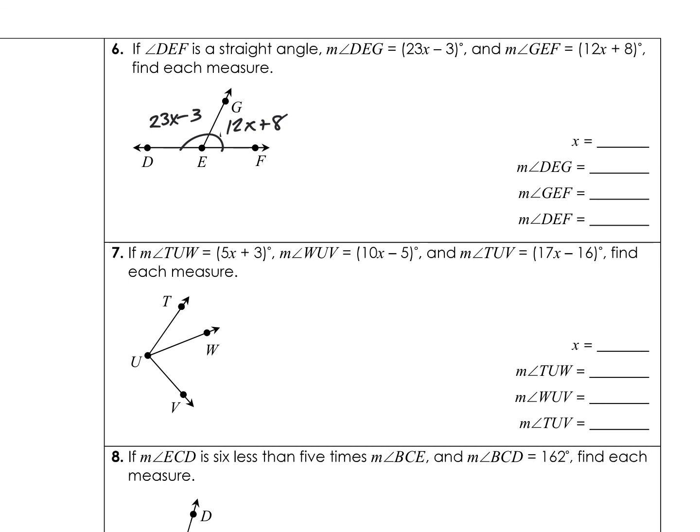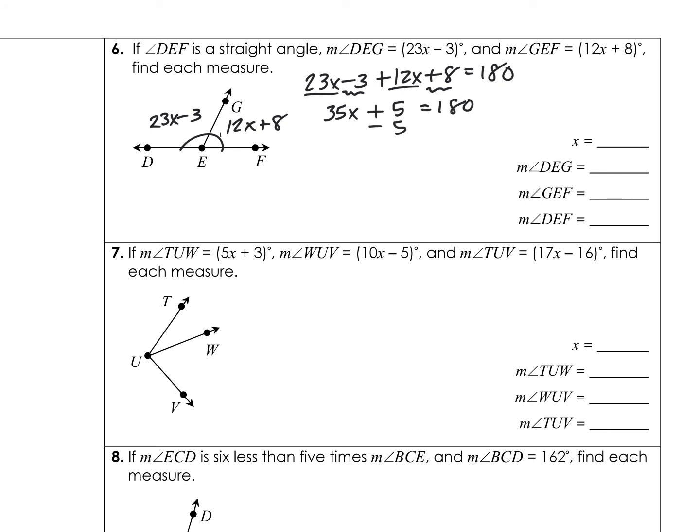If it's a straight angle, then we can say 23x minus 3 plus 12x plus 8 equals 180, because the definition of a straight angle is that it is equal to 180 degrees. So combine like terms, 23x plus 12x is 35x, and negative 3 plus 8 is positive 5.